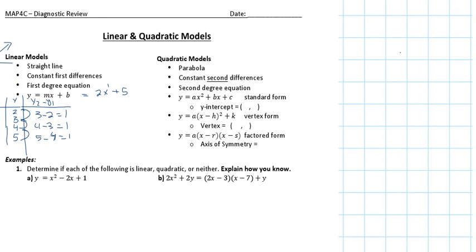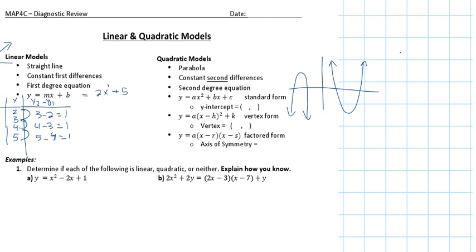And then the quadratic looks like this. It's a parabola shape. It can be like this, or it can be opening down, right? But it's a parabola shape. That's the shape of a quadratic. Okay? So if you see it, you should be able to identify it. Okay?